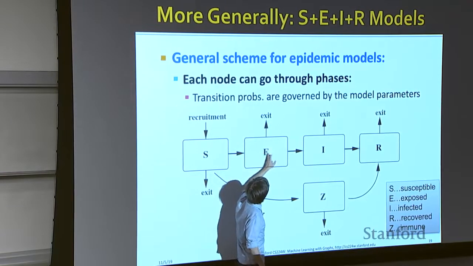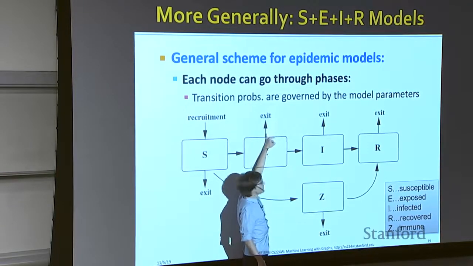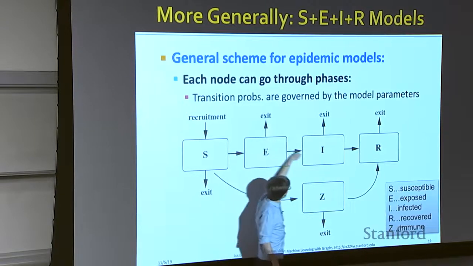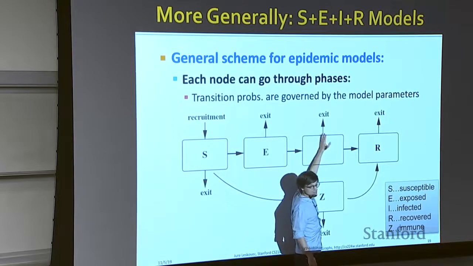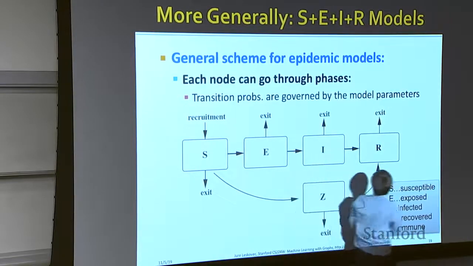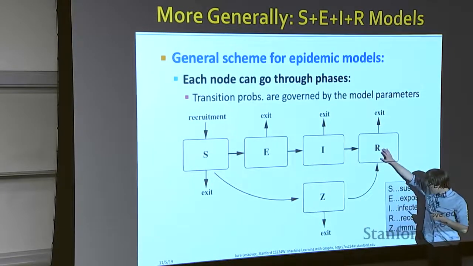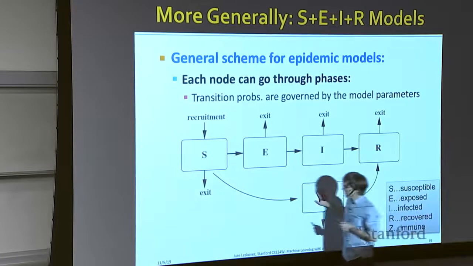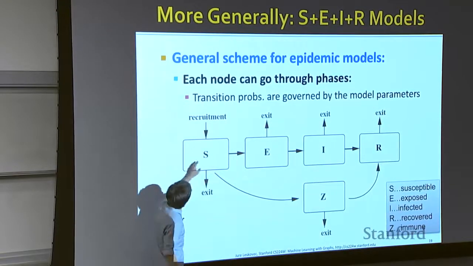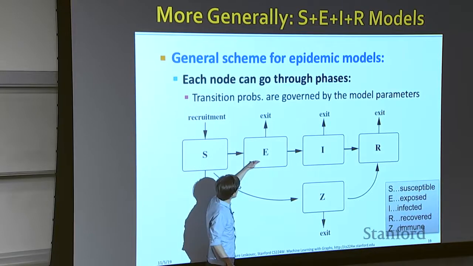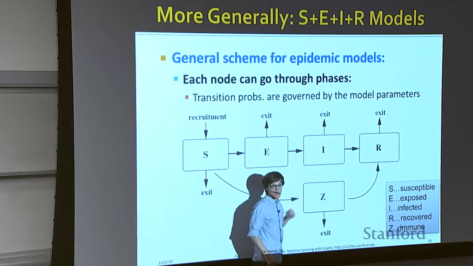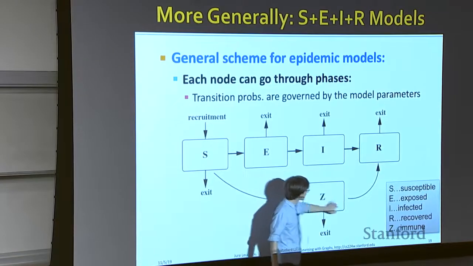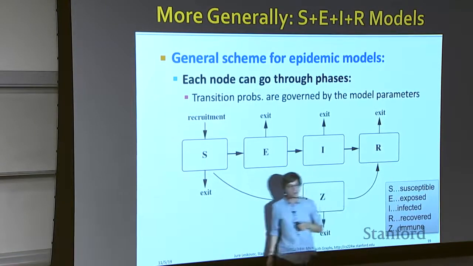From the incubation period, you can exit and not get infected, or you get infected. Now that you are infected, you can again exit the system, or you can get recovered or removed. And Z here is immune, right? A susceptible node can either be exposed and infected, or it can be immune, so it doesn't really matter what happens, and could then go to the recovered state, right?